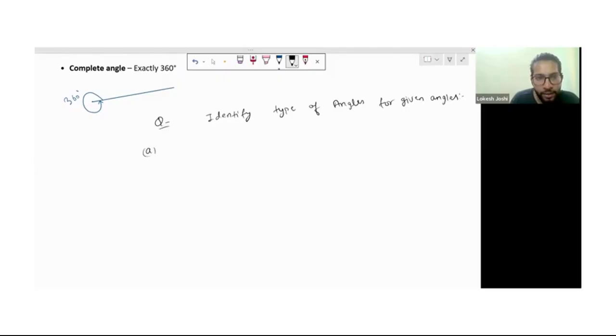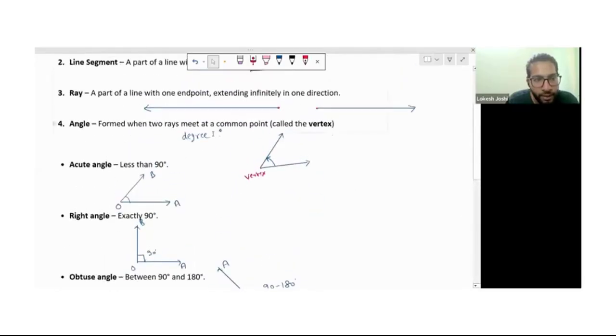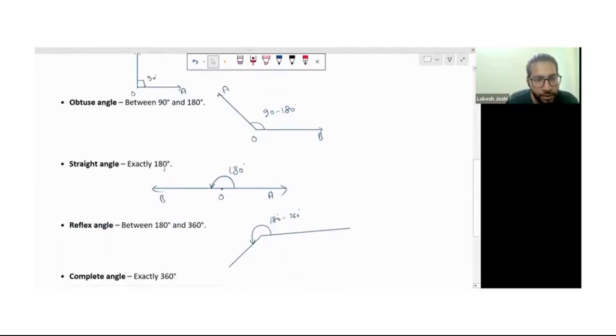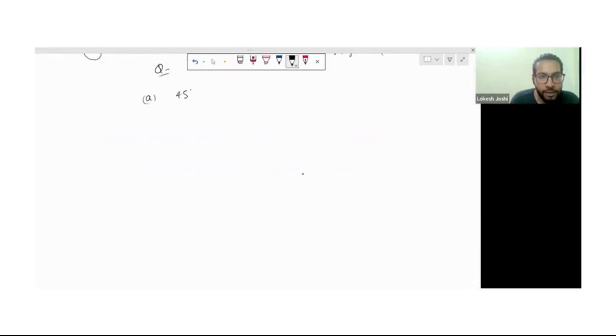So there are some given angles. First of all, it's 45 degree. You have to tell from the above options which are acute, right angle, obtuse, straight, reflex, and complete. You have to answer that actually what they are. So first one is A, it's 45, and second one is 100.